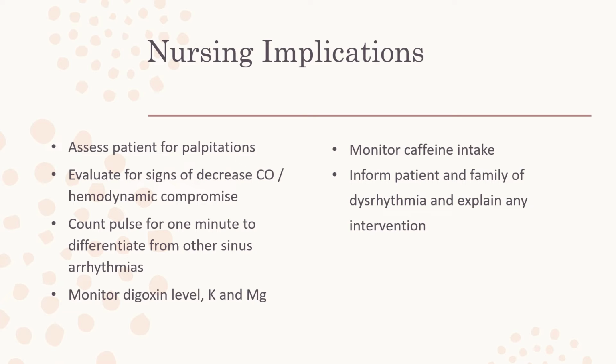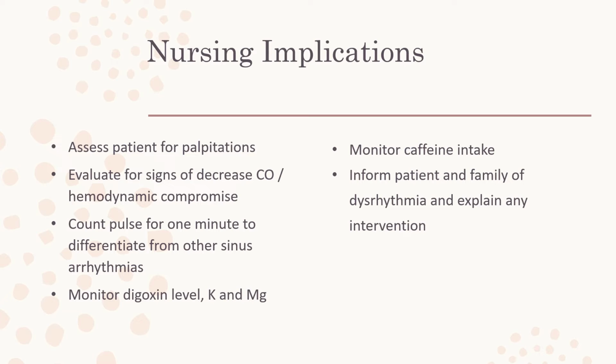So the nursing implications: we're going to assess the patient for palpitations, and evaluate for signs of decreased cardiac output or any type of hemodynamic compromise. Those things are like hypotension, angina, crackles in the lung fields, an S3 heart sound, decreased urine output, changes in mentation, diaphoresis.